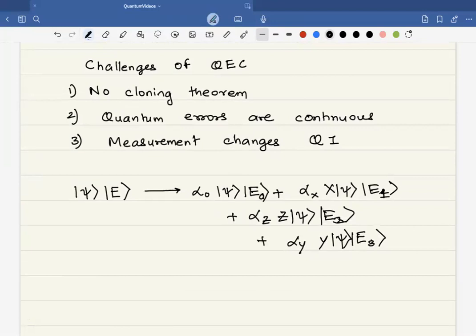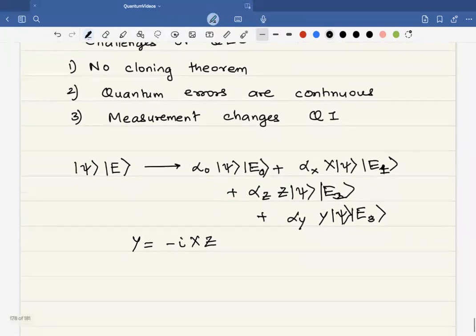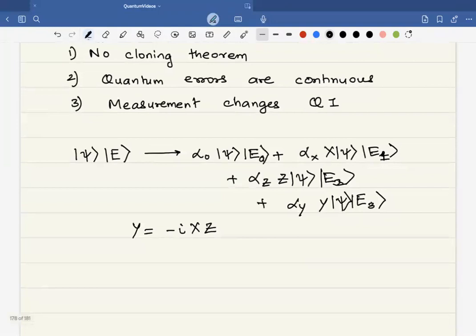And therefore, since Y is equal to minus i times XZ, effectively all quantum errors are either bit flip errors, which is denoted by the Pauli X matrix, or phase flip errors, which is denoted by the Pauli Z matrix, or a combination of the bit flip and phase flip errors. So therefore, when we do quantum error correction, all we need to do is to have a scheme that corrects the bit flip and the phase flip errors.